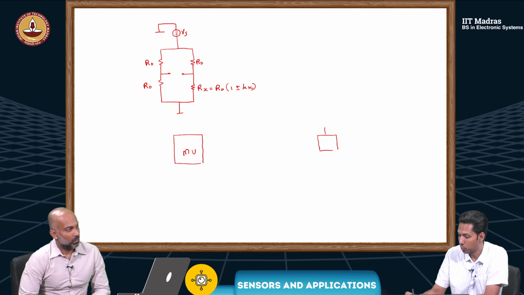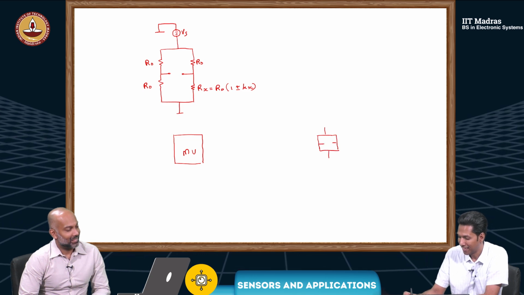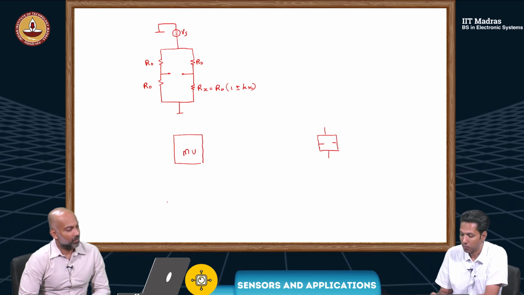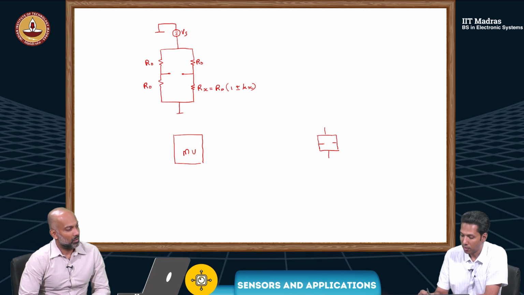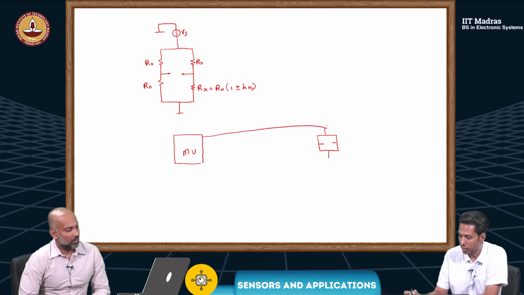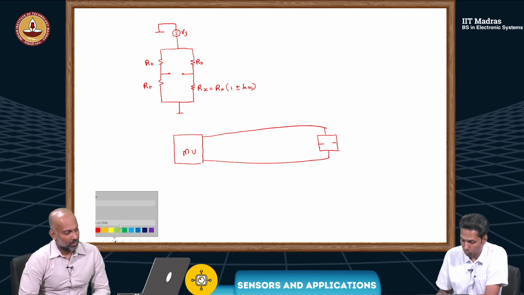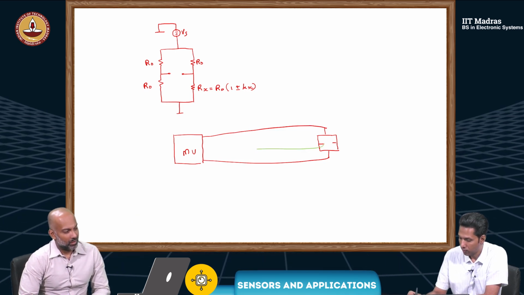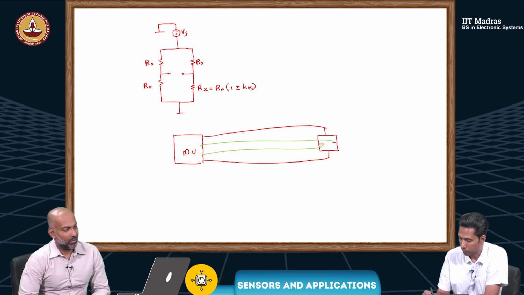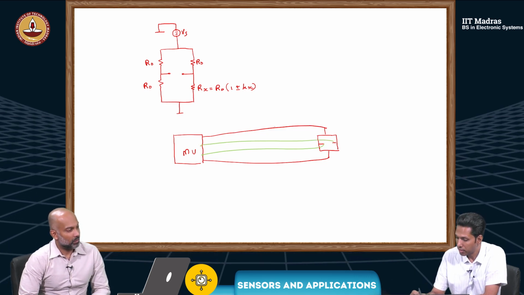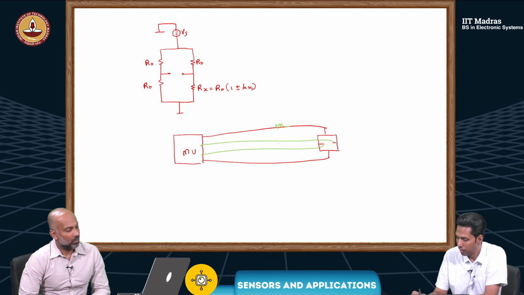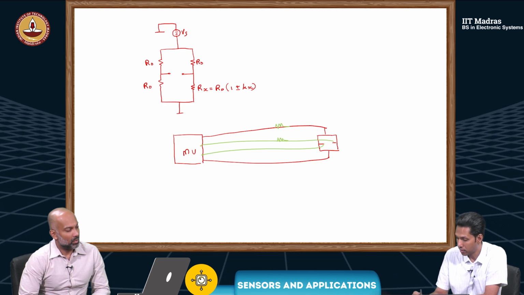I'm not drawing the full bridge. It's something like this. So that means I have excitation, it has to reach here. Then the ground has to reach here. Then the output will be connecting back to this. So this means again there will be lead wires, lead wire resistance. Correct?